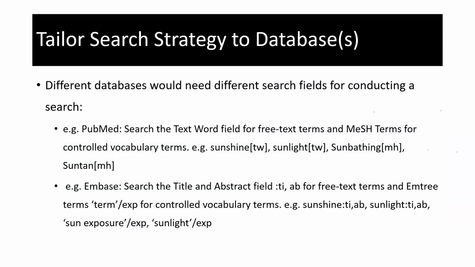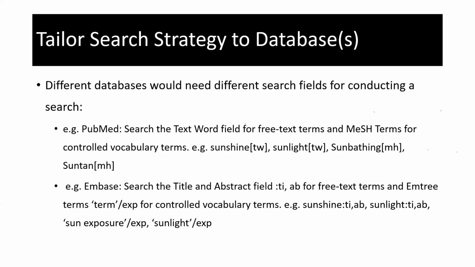So different databases need different search fields for conducting a search. For instance, for PubMed, search the text word field for free text terms and MeSH terms for controlled vocabulary terms. For instance, sunshine.tw, sunlight.tw, the text word, and sunbathing.mh, sunstun.mh. These are very typical attachments with those words which are specific to PubMed.